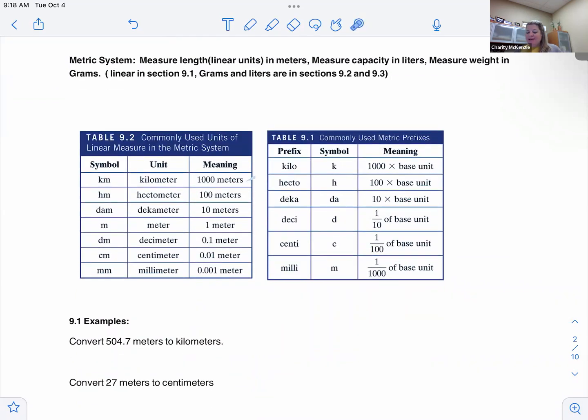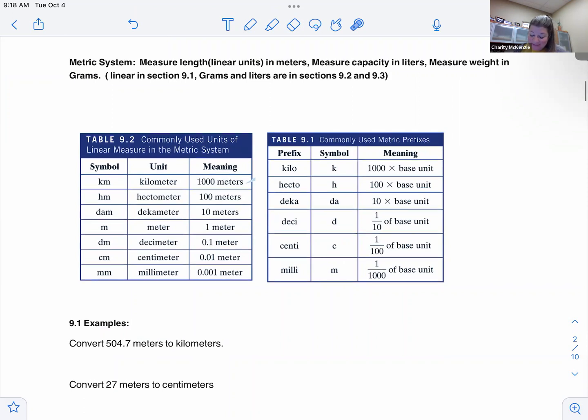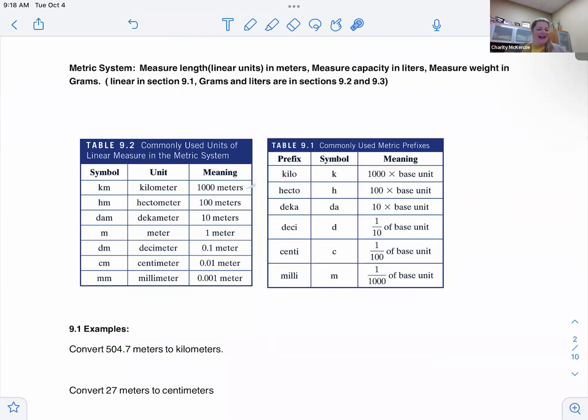So some people had to memorize like King Harry. I don't remember the saying now. King Harry something. Gosh. Anyway, some people memorize that from like, I never learned it till I was teaching.